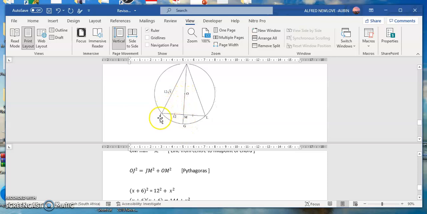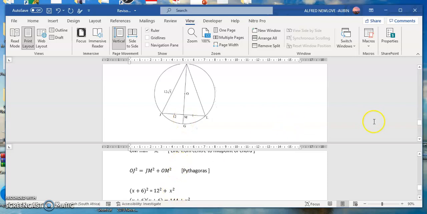So we know OG to be x plus 6. So it means OJ is also x plus 6. Then you bring the square. Then JM is 12, given to us here, squared, plus OM. OM was given to us in the question as x.